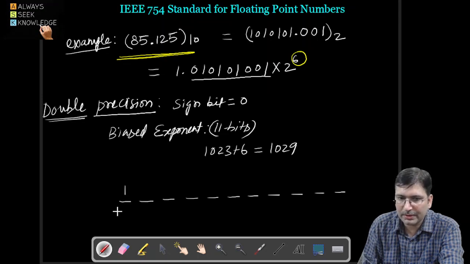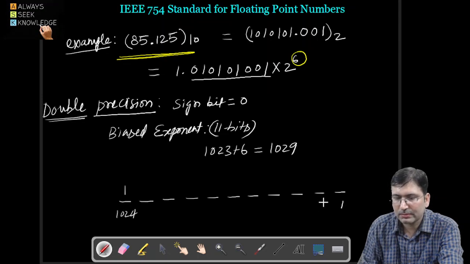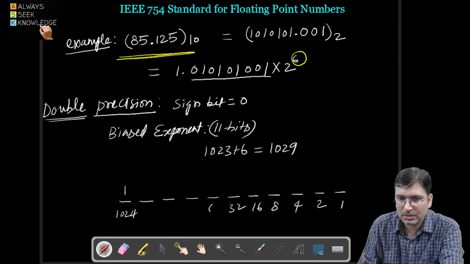So 1029 will be represented with 11 bits. So if I represent 1 2 3 4 5 6 7 8 9 10 11 bits, the first is actually 2 to the power 10, which is 1024. These are the place values: 1, 2, 4, 8, 16, 32, 64, 128, 256, 512.